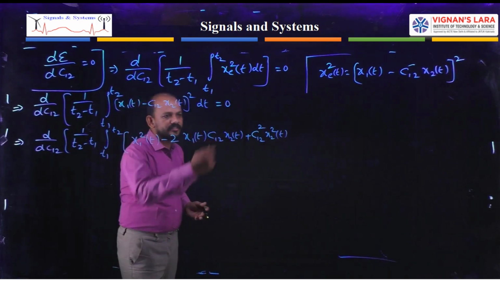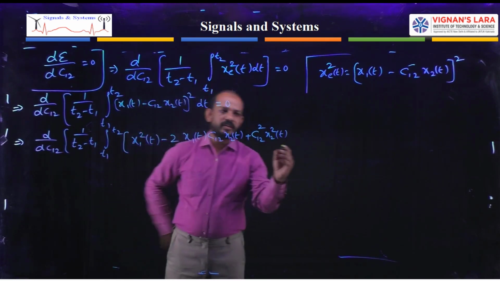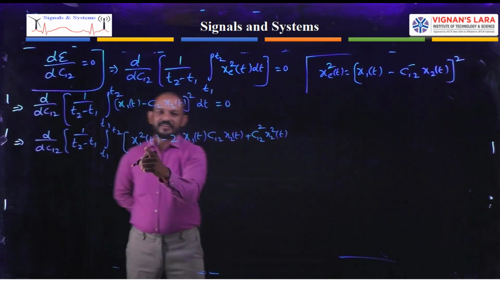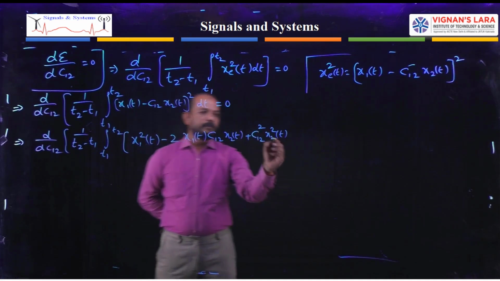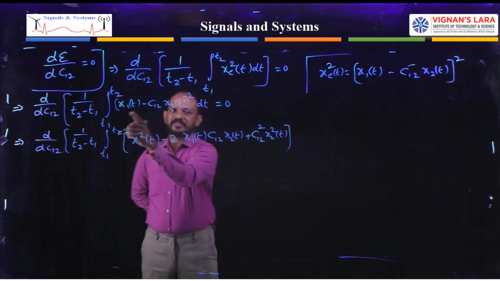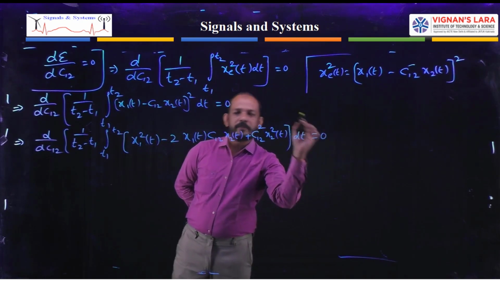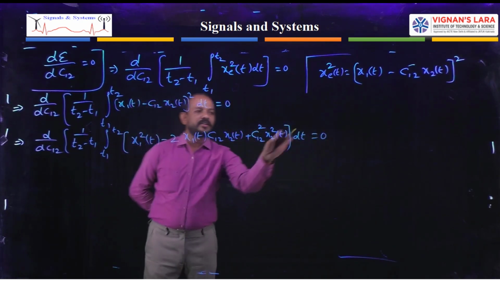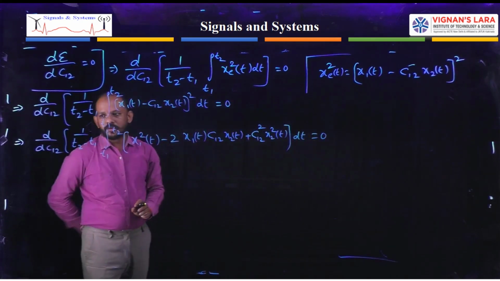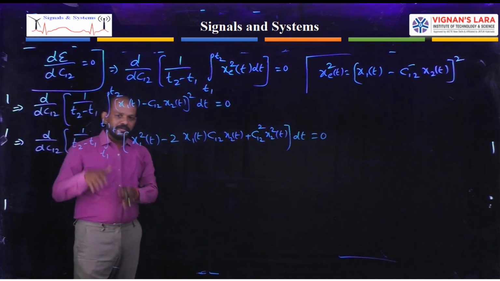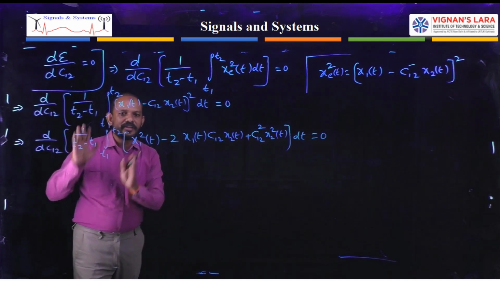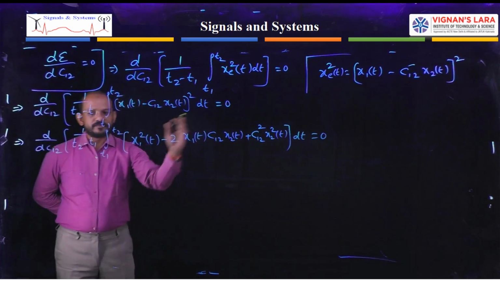I expanded this one with respect to dt, and the value will be equal to 0. We are making the value equal to 0 to find the value of C12 for minimum mean square of the error. Okay, so this is the equation.